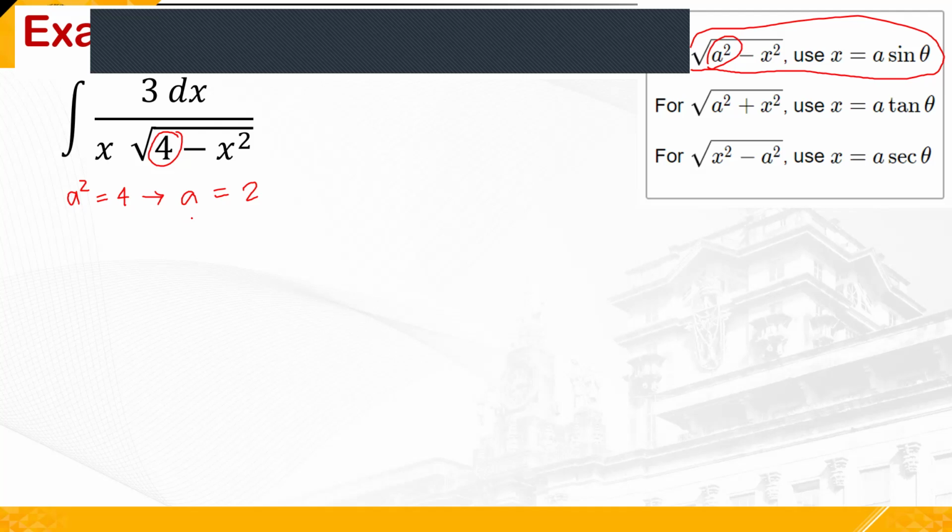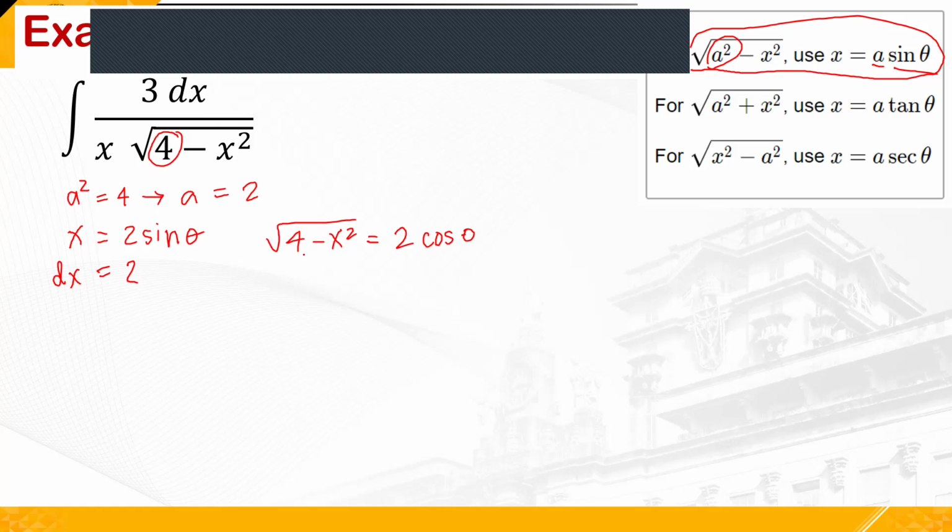Pagka ganon, we have what? Our x is, ayan, puntahan na natin yung x. Actually, x, the dx, and the radical, yung 4 minus x squared, pare-pareho itong may a eh. Ayan. So, ito ay 2, according to this one, 2 sine theta. So, sine theta. And if that's the case, the radical becomes 2 cosine theta.